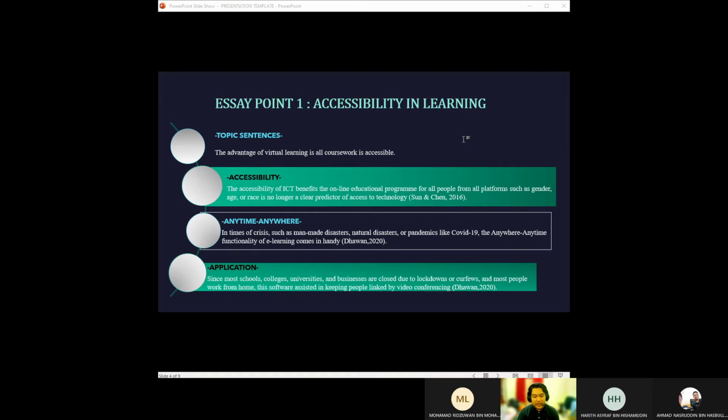Lastly, from Shivangi Dhawan again, in her Journal of Educational Technology, she stated that since most schools, colleges, universities, and also businesses are closed due to lockdowns and curfews, and most people work from home, this software assists in keeping people linked by video conferencing, chosen after the keyword called application. That is all from me on accessibility in learning.